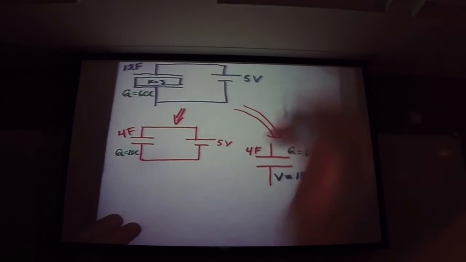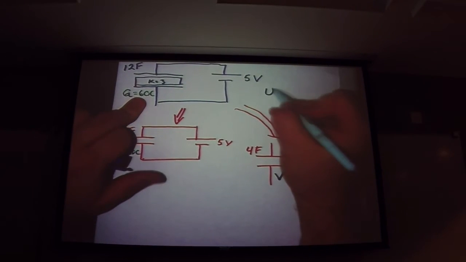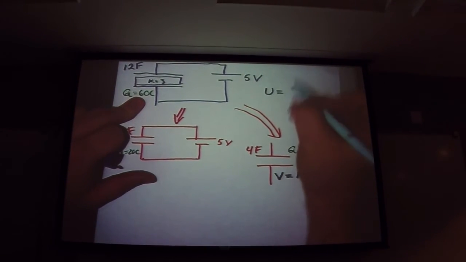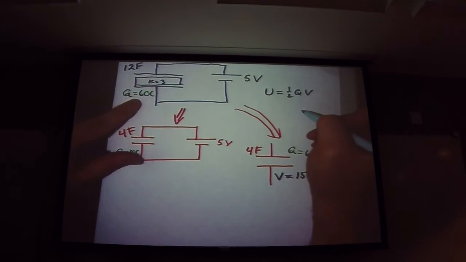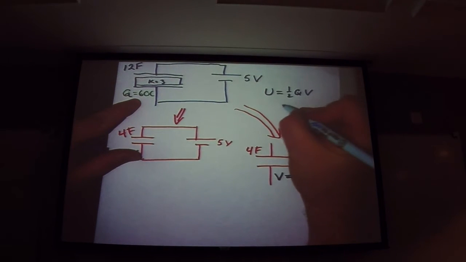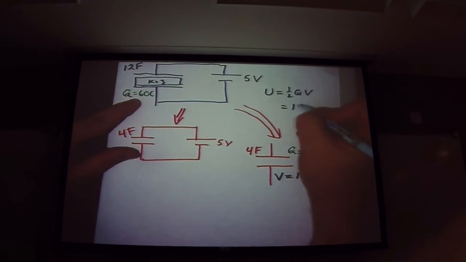If I look at the energy of this plate before, the energy was 1/2 QV. Q is 60 coulombs. The voltage V is 5 volts. So 60 times 5 is 300, and I'd have 150 joules stored in this thing.